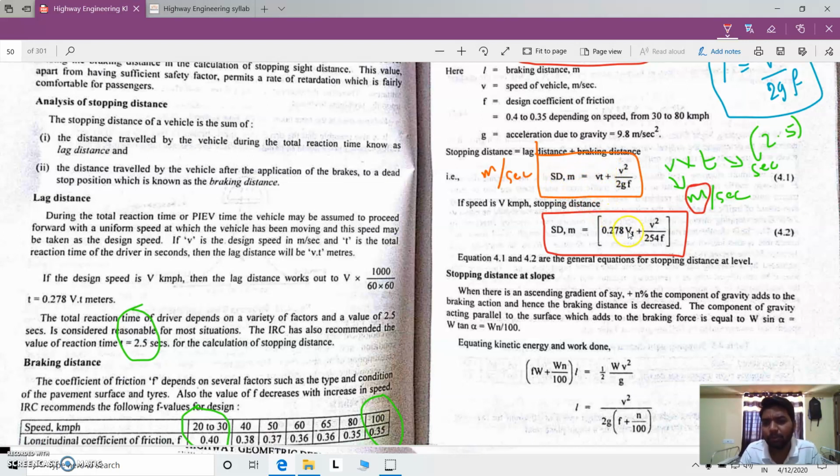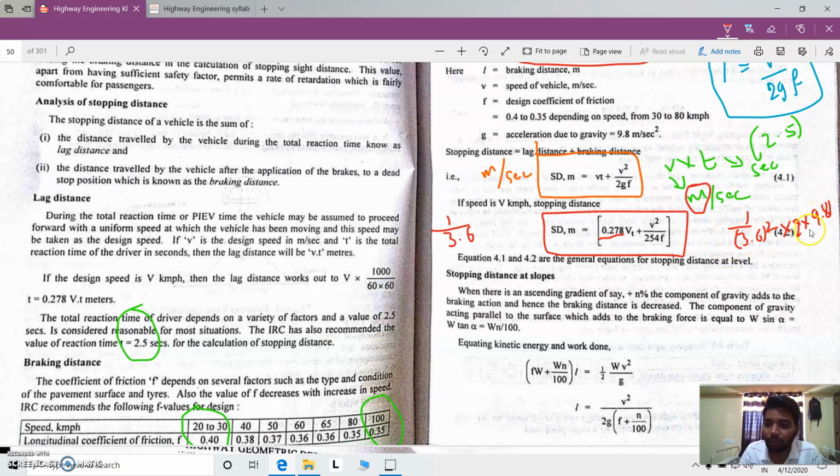We just need to convert meter per second to kilometer per hour, which is multiplied by 1 by 3.6. This is the basic conversion from kilometer per hour to meter per second. 1 by 3.6 will give 0.278, and V square by 2GF becomes V square divided by 3.6 square into 2 into 9.81.